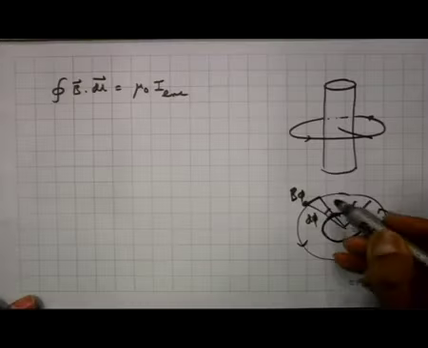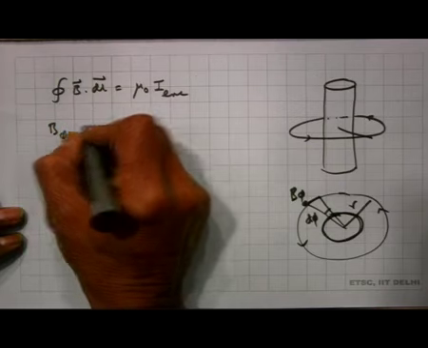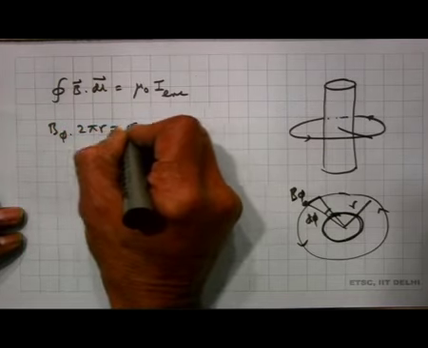So the right hand side, the current enclosed, will be 0, and because the integration is along this curve, I get B phi into 2 pi r must be equal to 0.